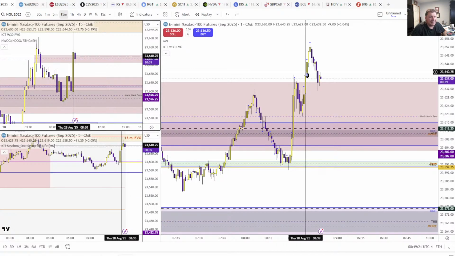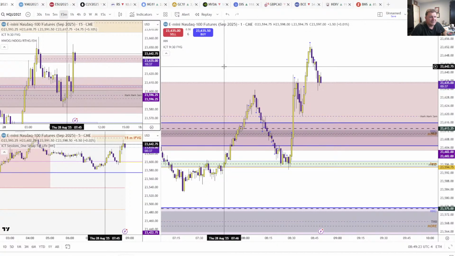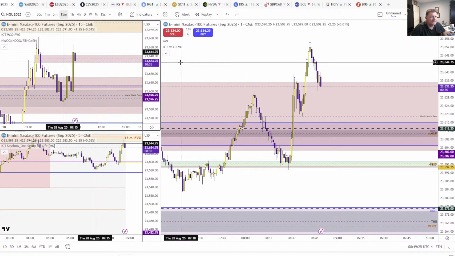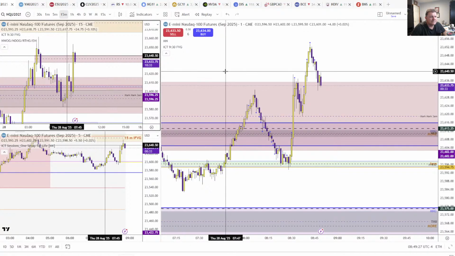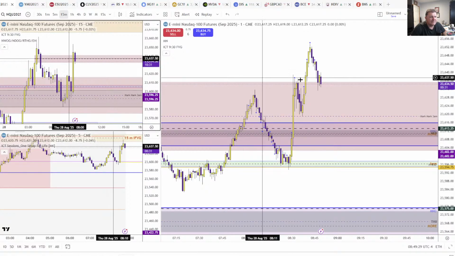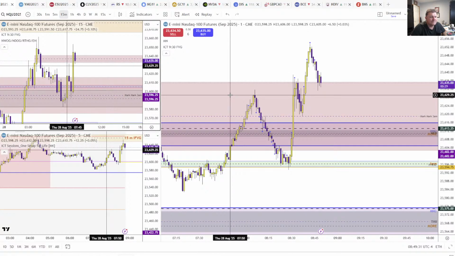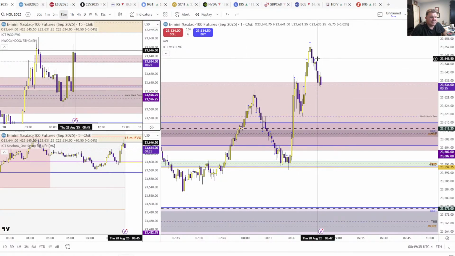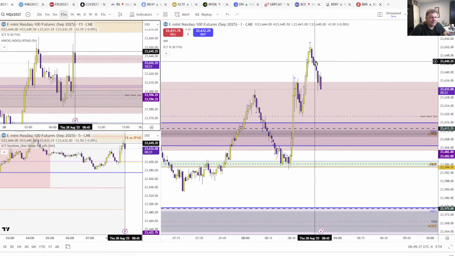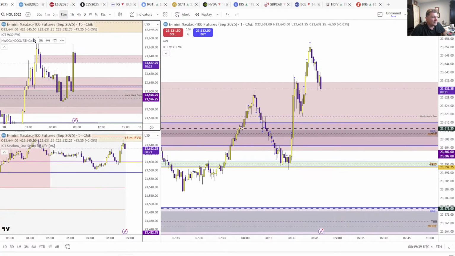So there's the tap right there. We see continuation on the downside now. Nice. Stop loss will be sitting right above that order block there.